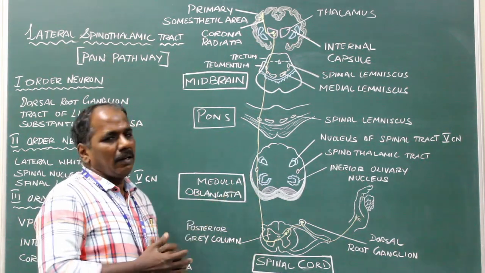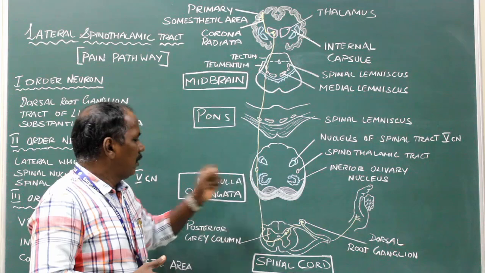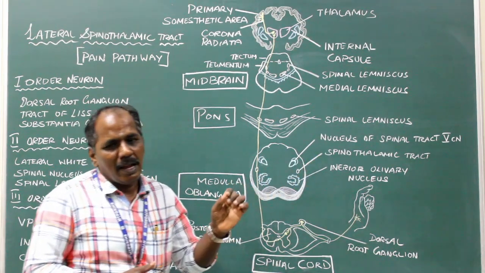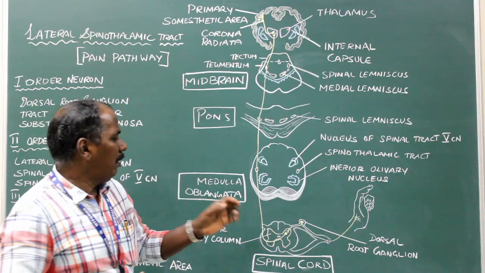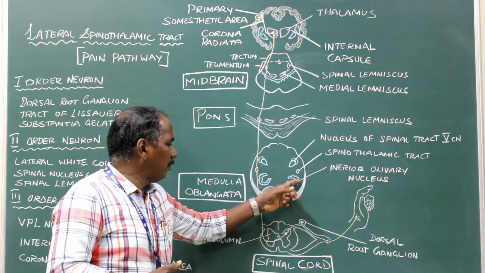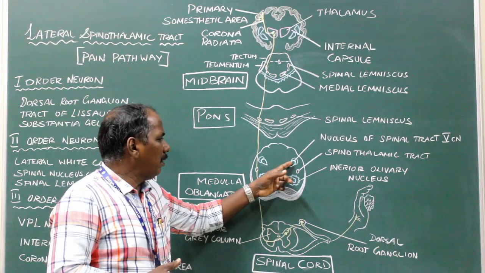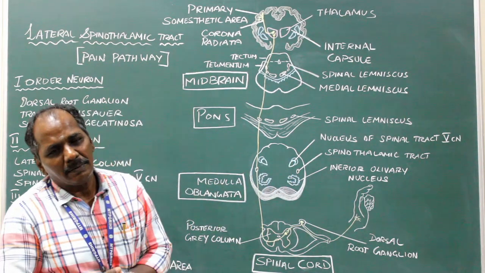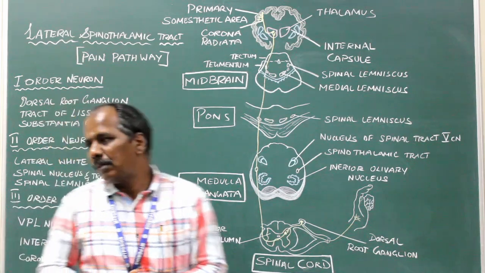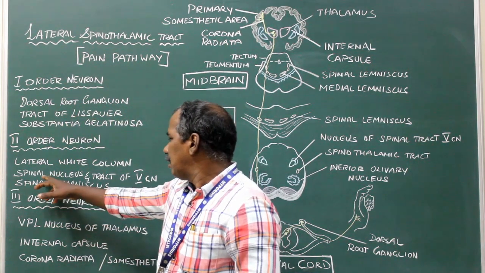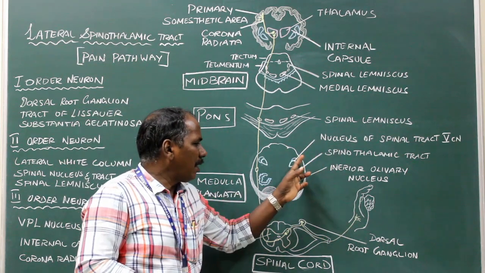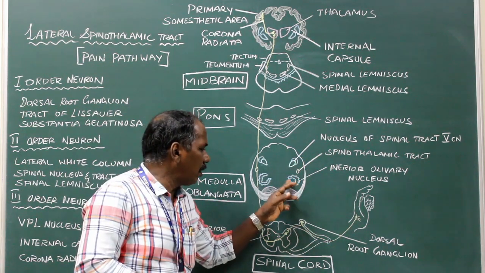In the medulla oblongata, the spinothalamic tract lies between the inferior olivary nucleus and the nucleus of the spinal tract of the trigeminal nerve. So it ascends between the spinal nucleus and tract of the trigeminal nerve and the inferior olivary nucleus.